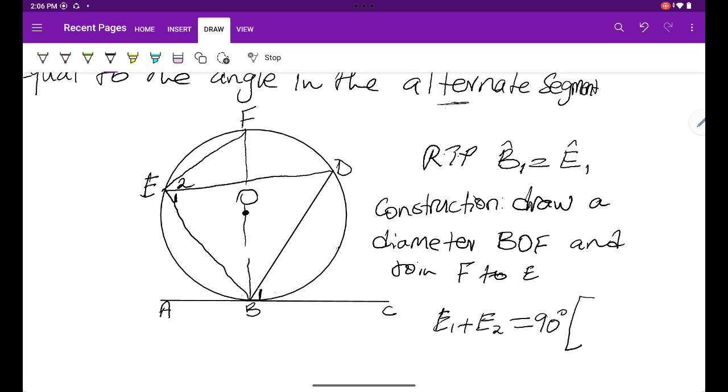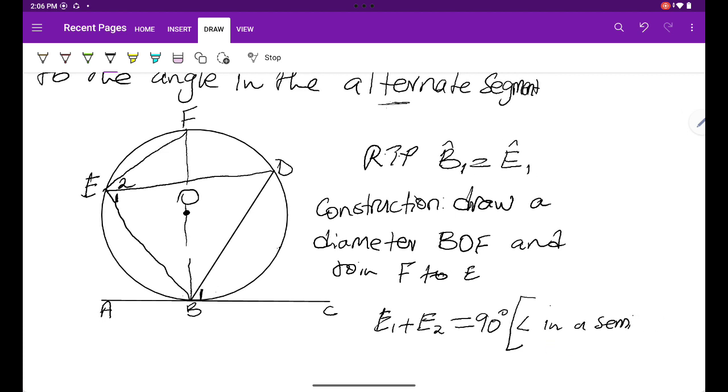Angle subtended by a diameter, or you can simply say angle in a semicircle. So E1 plus E2, it's 90, is subtended by the diameter BOF.